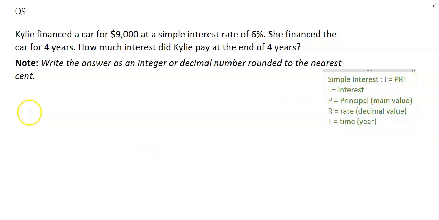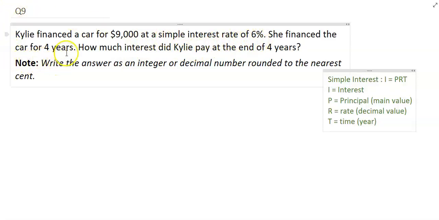So let's read this. Kylie financed a car for $9,000 at a simple interest rate of 6%. She financed the car for 4 years. How much interest did Kylie pay at the end of 4 years? And pay attention, they want you to round to the nearest cent because we are talking about money, right?